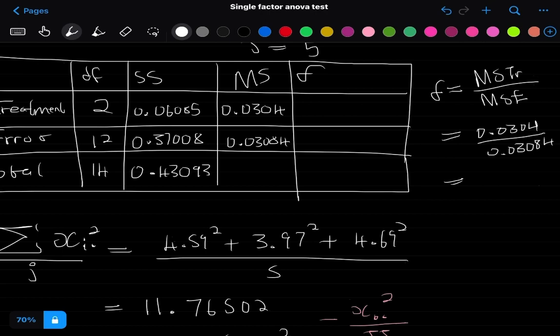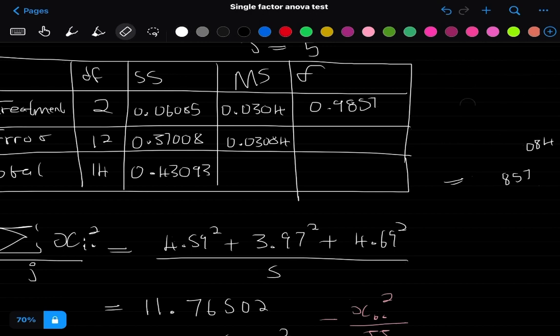The answer is 0.9857. Now we are done with constructing our ANOVA table.